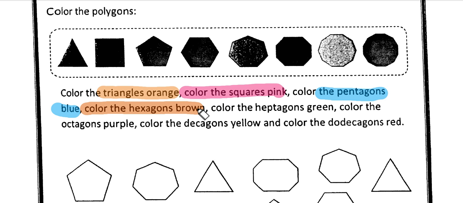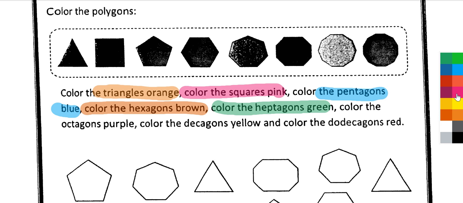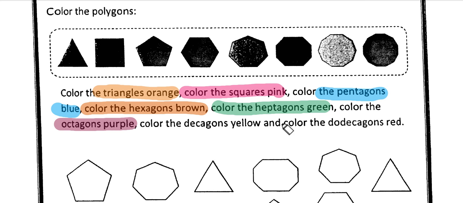Color the hexagons brown. Okay, orange and brown. Sorry about the colors, but the heptagons green. And then color the octagons purple. Okay, and then the decagons yellow.